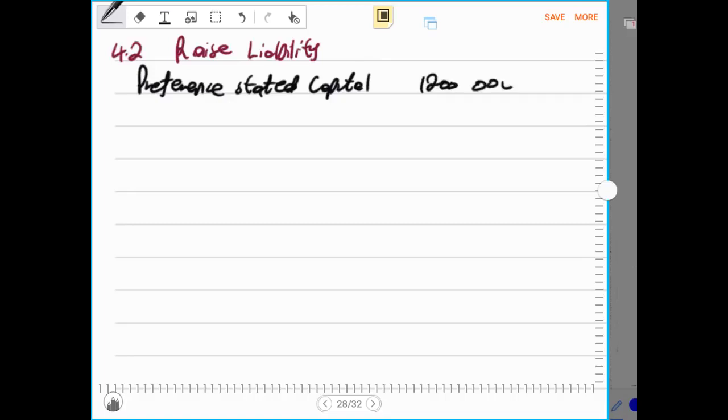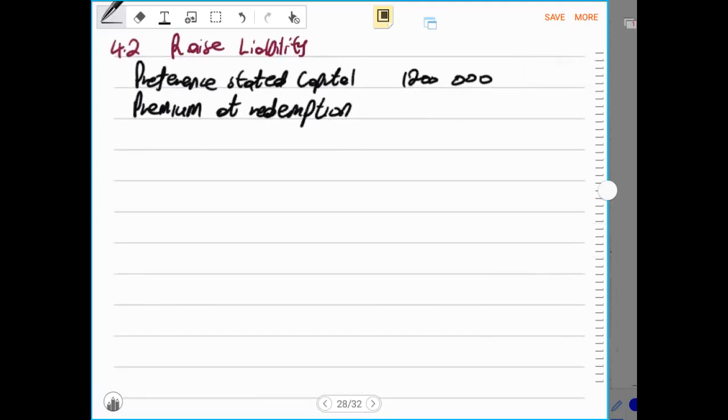That is what the company is paying. Then after, we have the premium at redemption. We know that our premium is an amount of 60,000 rands.